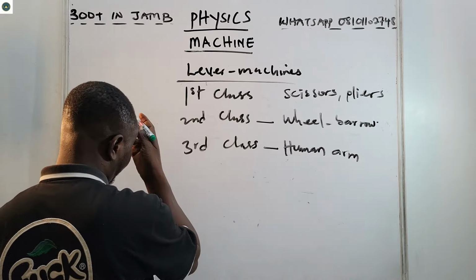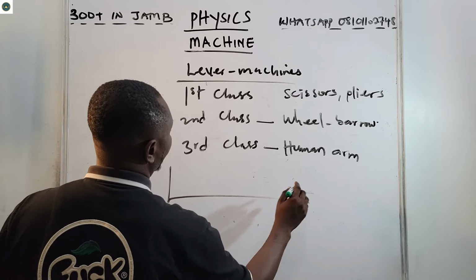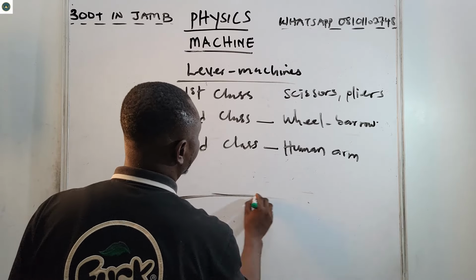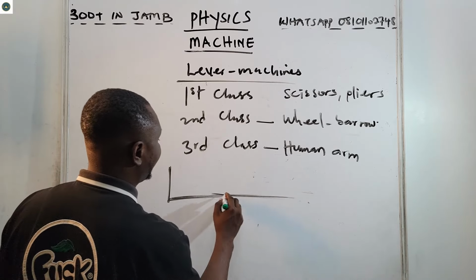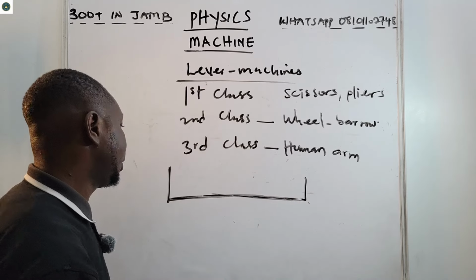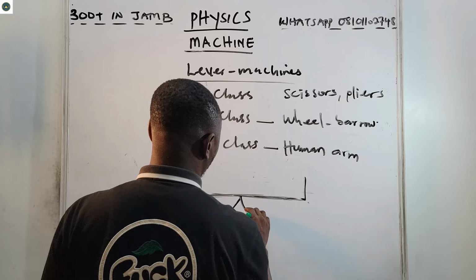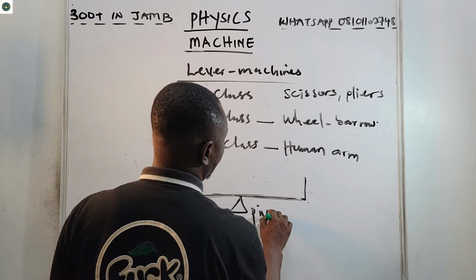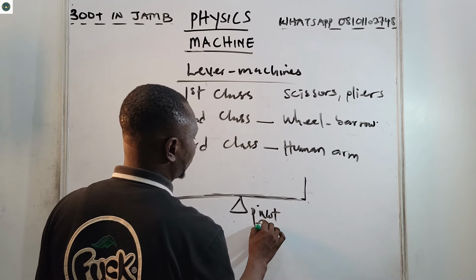Okay, a good example is your scissors. Remember, it's a horizontal bar, it's a rigid bar. Bar means horizontal, just like a beam. So we have a support, which is the pivot. This pivot is the fulcrum.